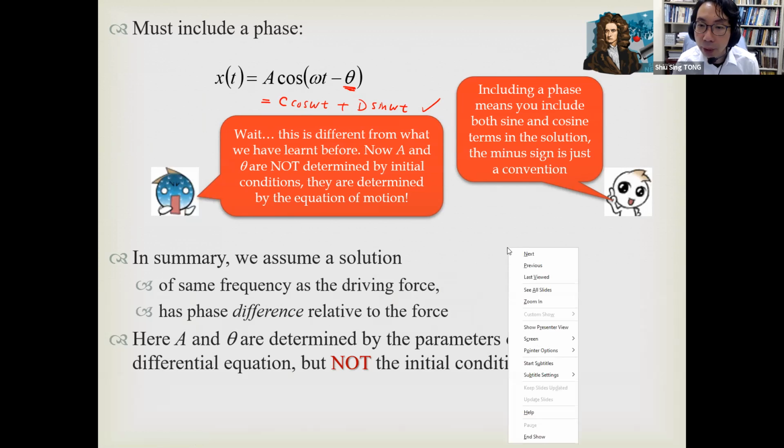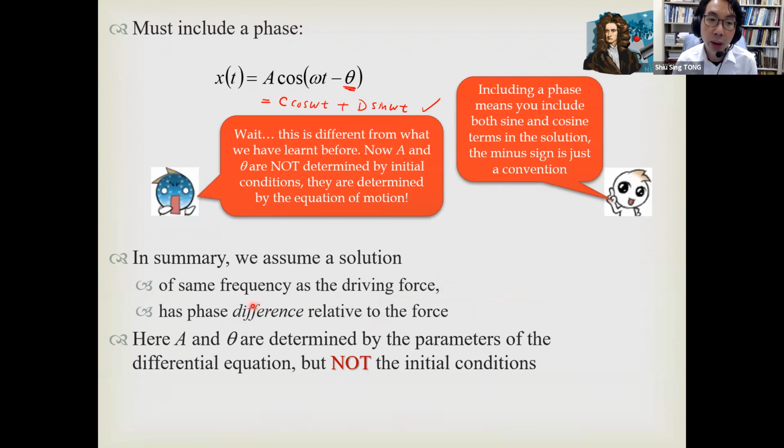Now, so in summary, what do we assume? We assume that the solution is of the same frequency as the driving force, right? The solution x has the same frequency as the driving force, but there's a phase difference between x and the force F. Okay. Now, there are important things to note.